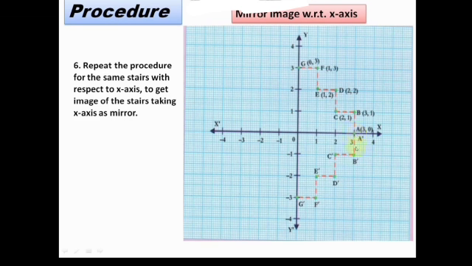Mirror image of B is B dash, C is C dash, D is D dash, E is E dash, F is F dash and G is G dash. Now we will get all the image points in the fourth quadrant.